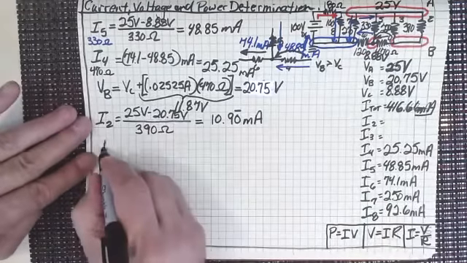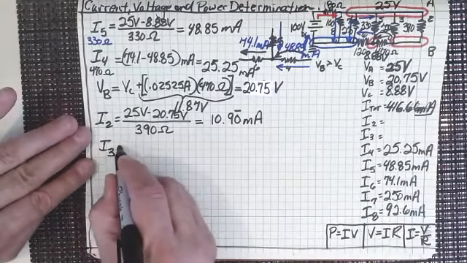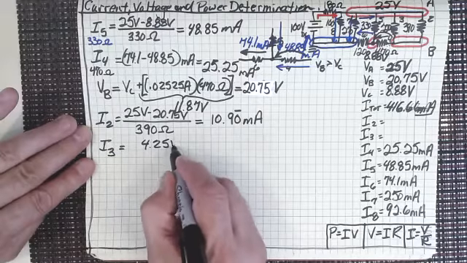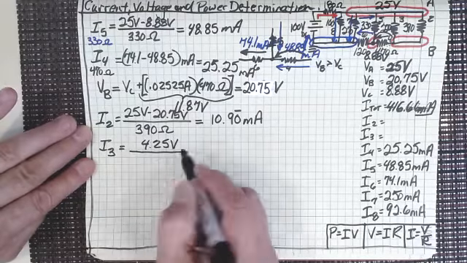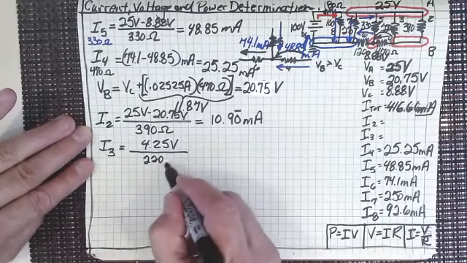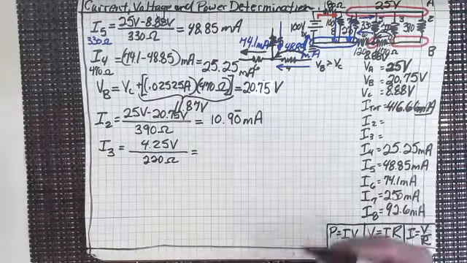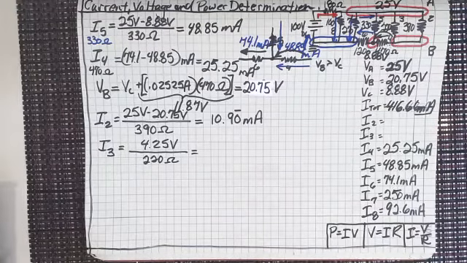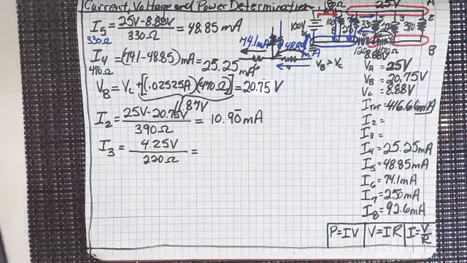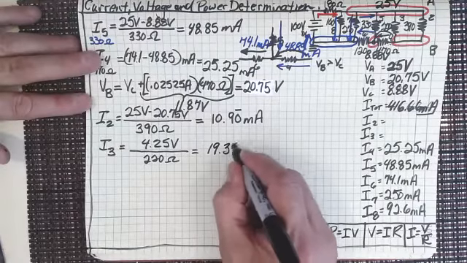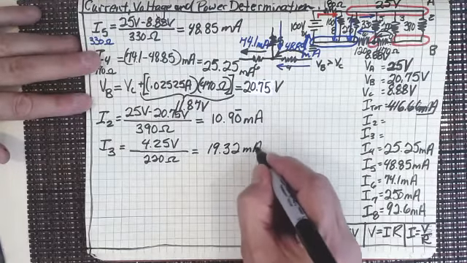Okay, and then we can do I3 because we've got the same thing. We've got 4.25 volts, that's our voltage differential on top. And then instead of 390, that's going to be 220 ohms, right? So 4.25 volts divided by 220 ohms is 19.32 milliamps.